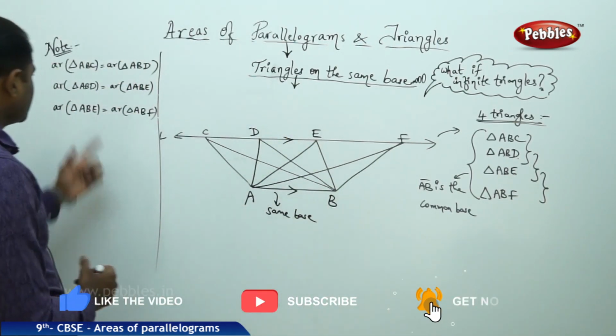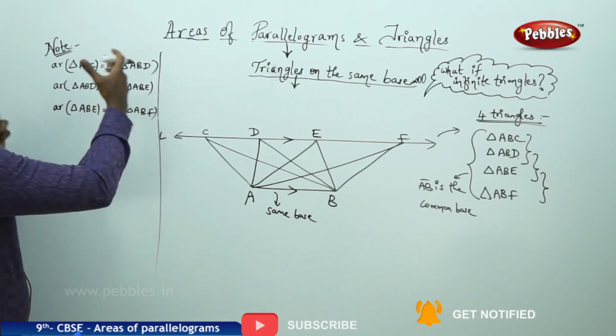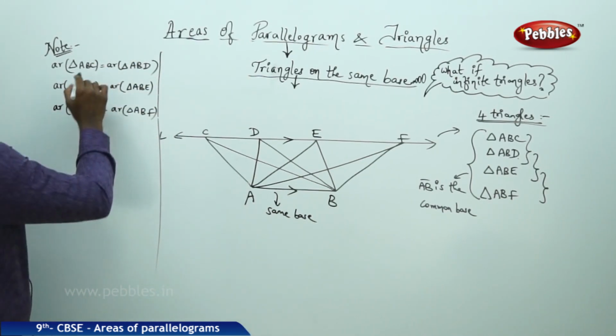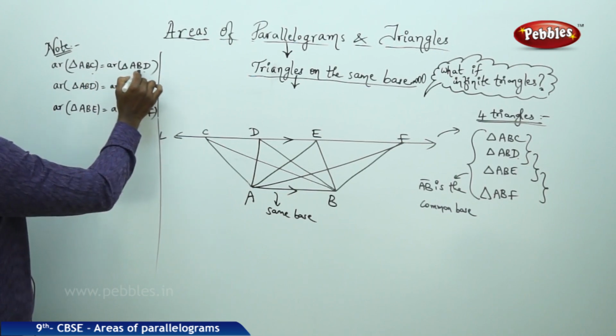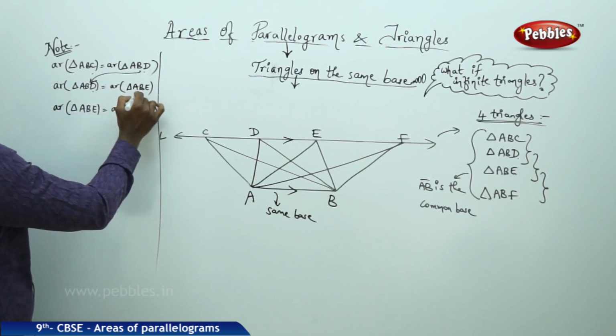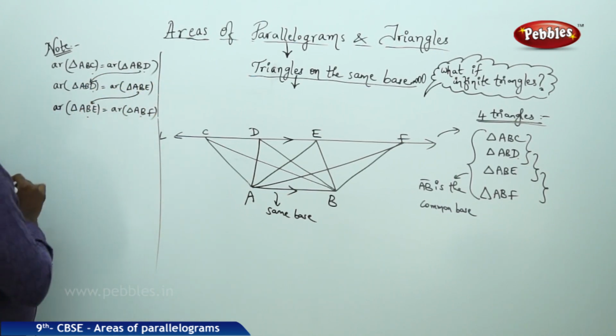Now that each of the triangles are equal, when I combine all these possibilities, triangle ABC equals triangle ABD, which in turn equals this, which in turn this equals this.